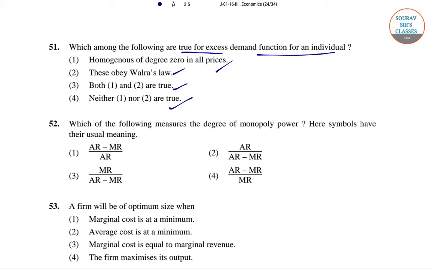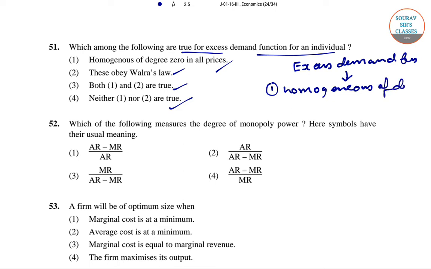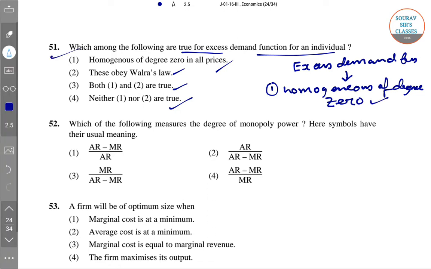Basically the excess demand function satisfies the following properties. The first one is that it is homogeneous of degree 0. Which among the following is true for the excess demand function for an individual?